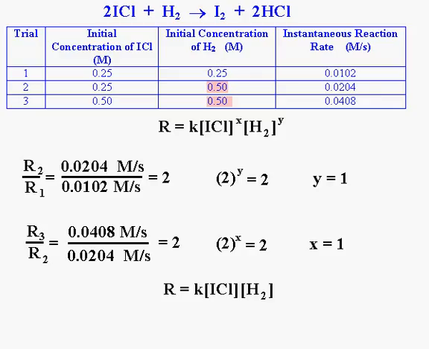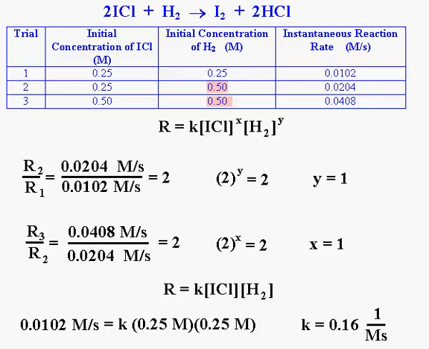So, let's take the first trial. The instantaneous rate was 0.0102 molars per second. We make that equal to K, which we don't know, times the concentration of ICl, 0.25 molar, raised to the first power, times the concentration of H2, 0.25 molar, raised to the first power. Now we can use algebra to solve for K. K is 0.16, and what's the unit?